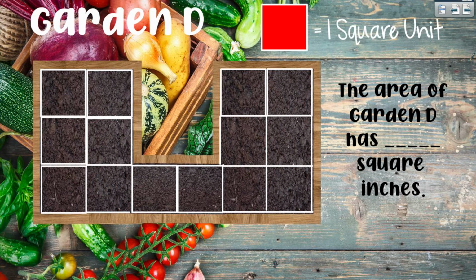So, for this one, I'm just going to be counting the squares. Before I get started on counting my squares, I'm going to make sure I look at my square unit. In this garden, I'm going to be using square inches. So let's figure out the area of garden D by counting the squares.